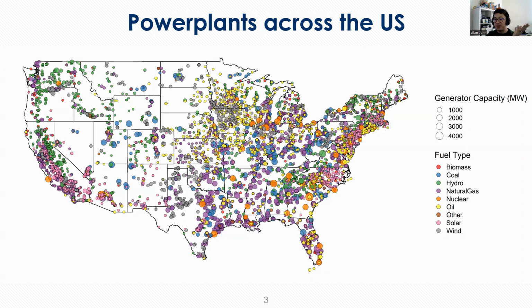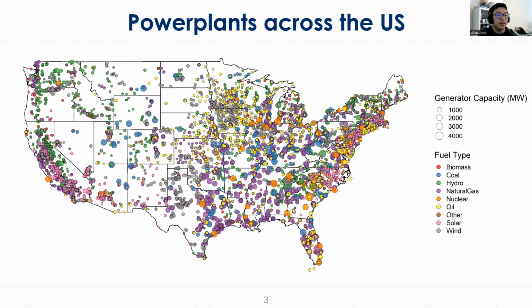This is the same figure that we showed last time, showing all of the current power plants in the US. This figure is a couple years old, so there's probably a little bit of difference with power plants either coming online or retiring. But for the most part, this is what it looks like.